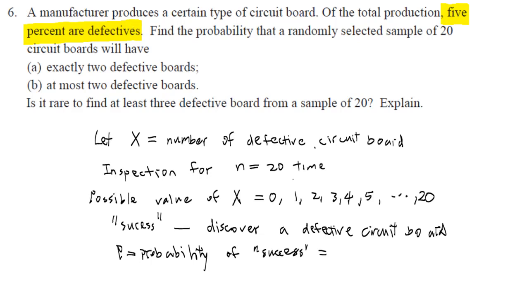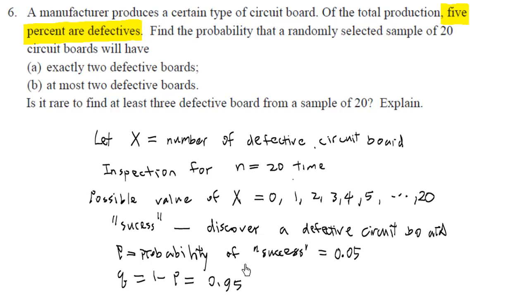So the probability of success is 5%, which is 0.05. And Q, the probability of failure, is 1 minus P. In this case it is 0.95, 95%. Here, failure means the circuit board is okay.